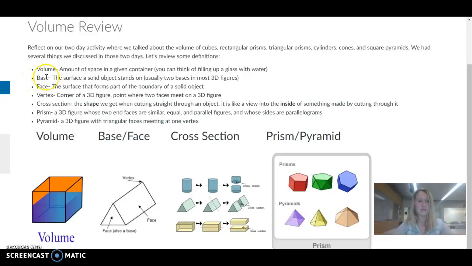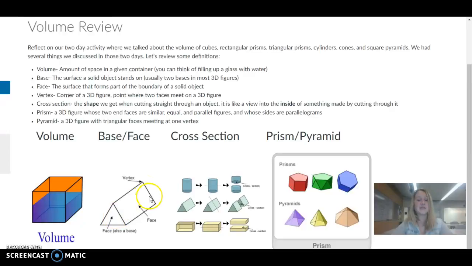So base. The base of a three-dimensional figure is the surface a solid object stands on. That might seem a little bit odd, but let's look at a couple of examples. If we look at this figure right here, our base in this case is a triangle because while it may not be resting on the triangle right now, if we go completely opposite that side, it has the exact same duplicate face that is also a triangle.